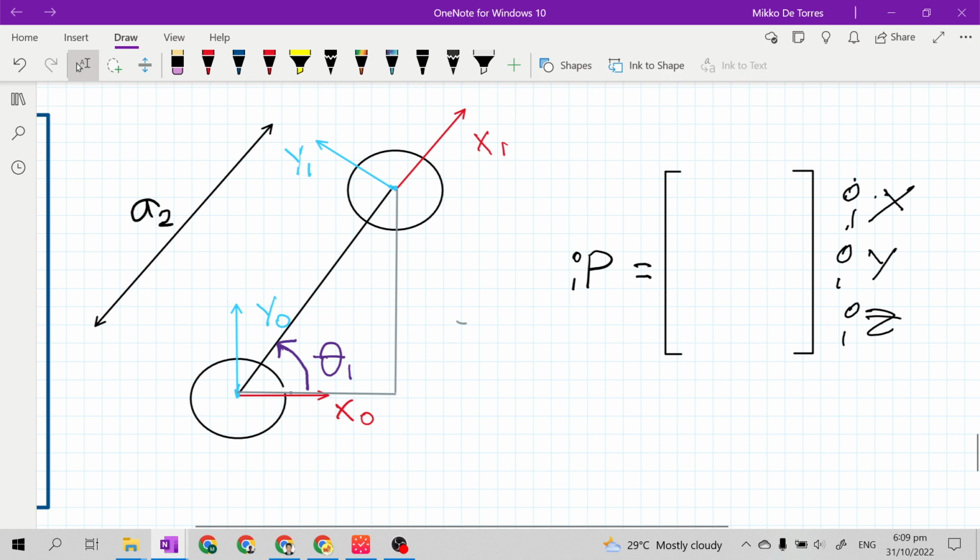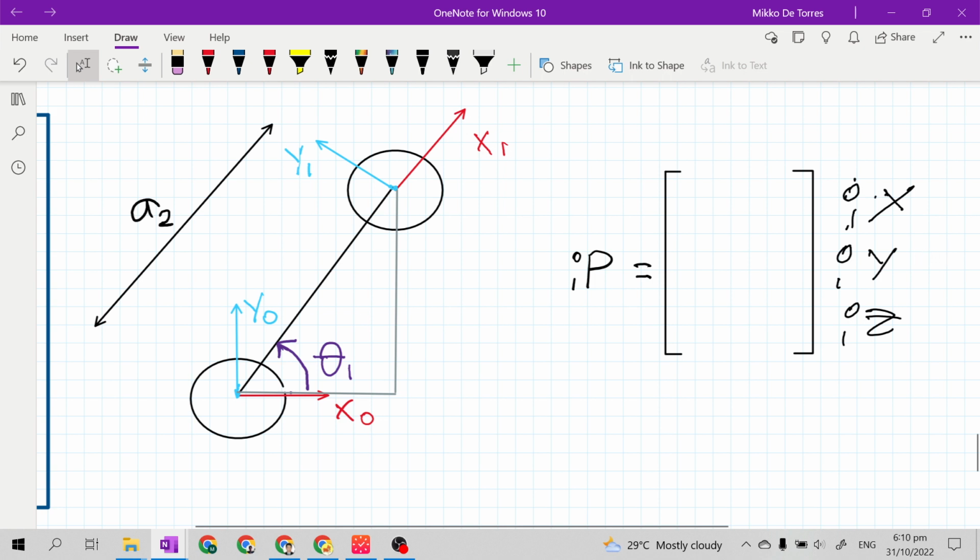It means if we find the relationship of X sub 0 to our hypotenuse A sub 2, we can find X01. The same with Y sub 0. If we find the relationship of Y sub 0 to our angle theta 1 and our hypotenuse A sub 2, we can get Y01.